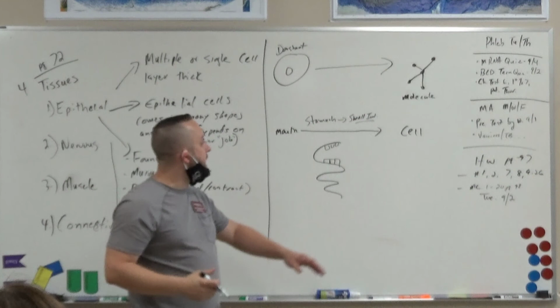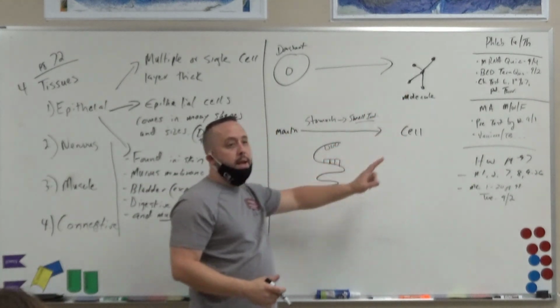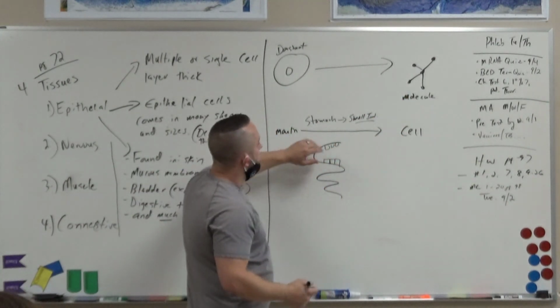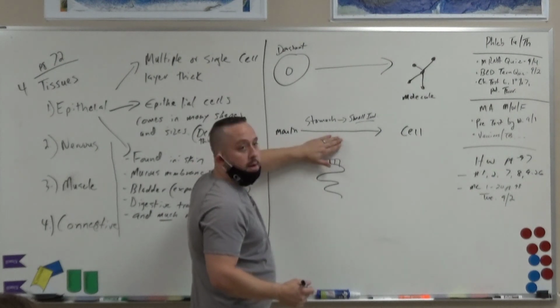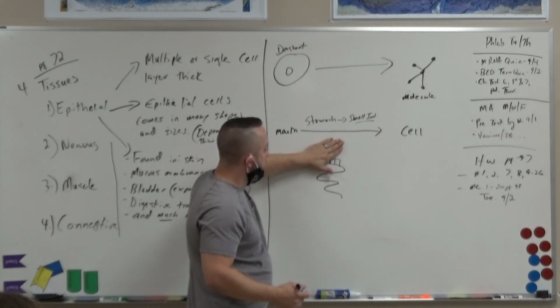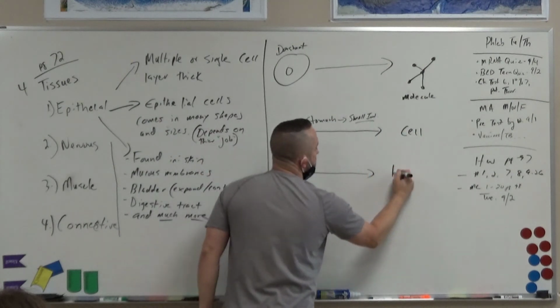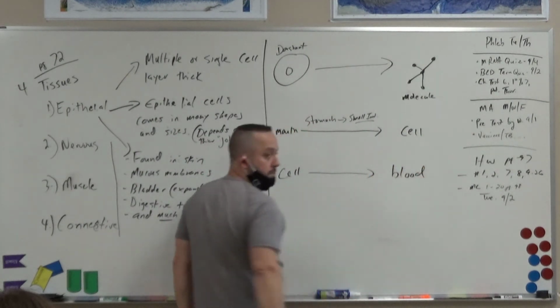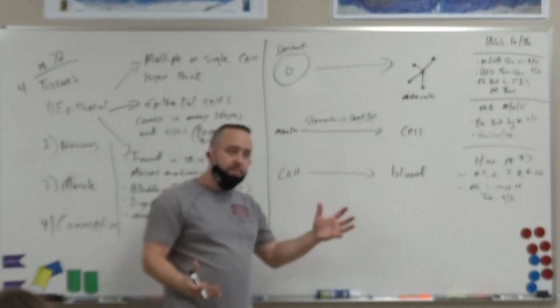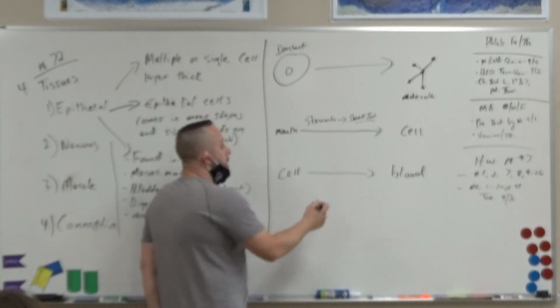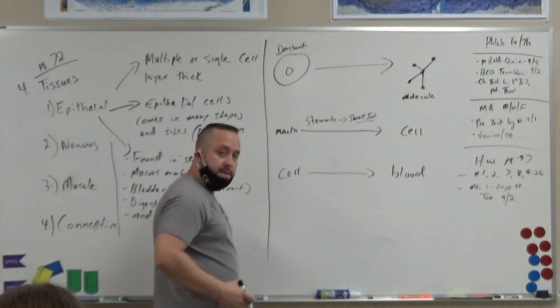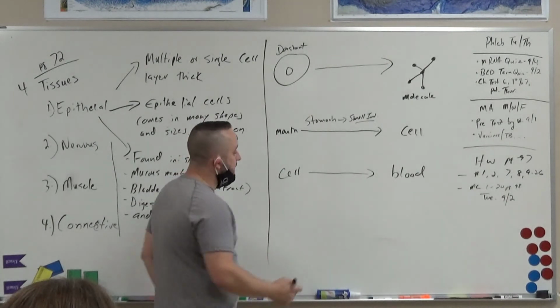How are they able to take this molecule and move it from the cell to the blood? How does that happen? Okay, well, if I were to look at the wall of my small intestine and the cells there, they would look something like this.